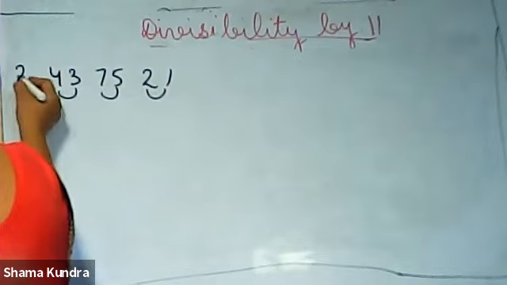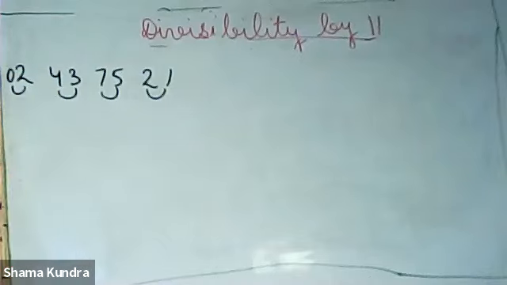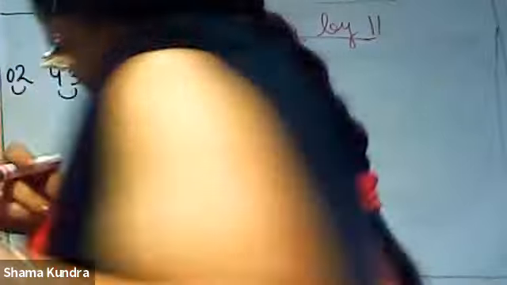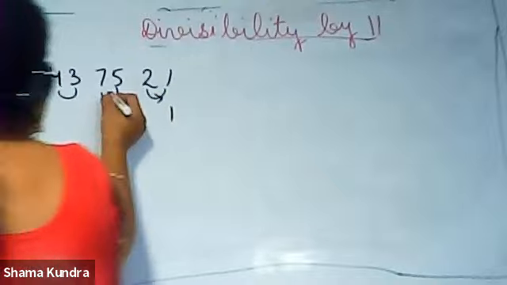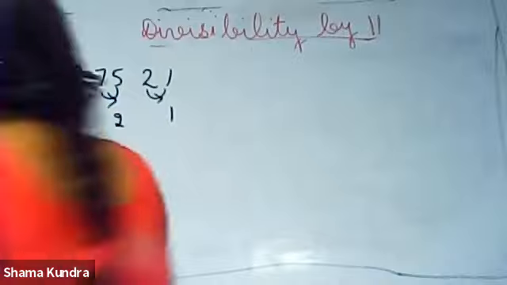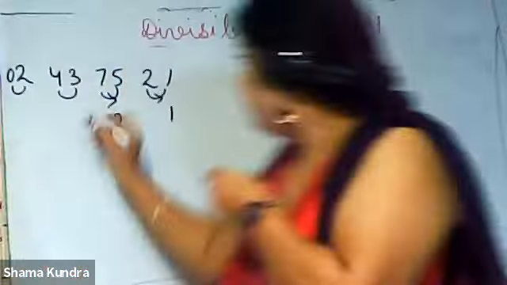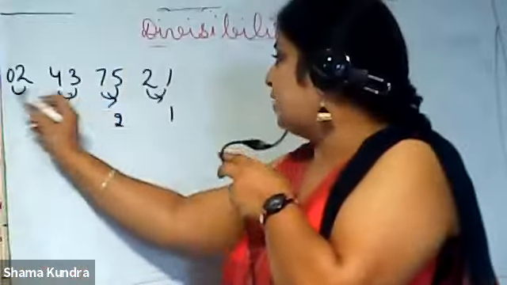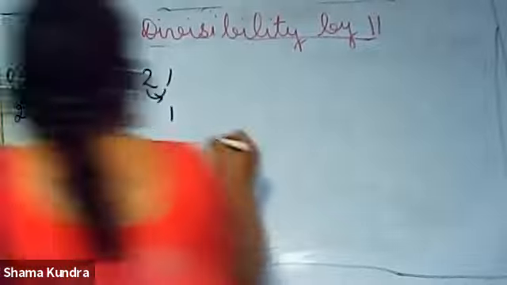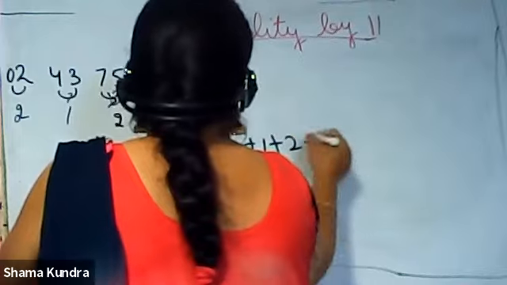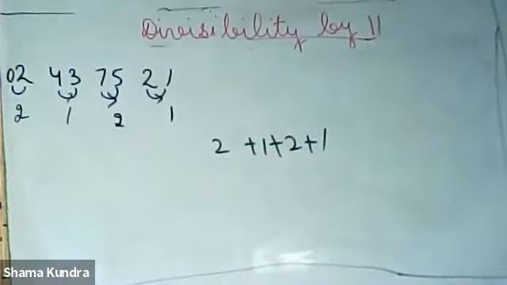Here you can take 0, 4, making a pair. Subtract these pairs: 2 minus 1, 1. 7 minus 5, 2. 4 minus 3, 1. 0 minus 2, it is 2. Ignore the negative sign. Now add them. 2 plus 1 plus 2 plus 1. What you will get? You will get 6.